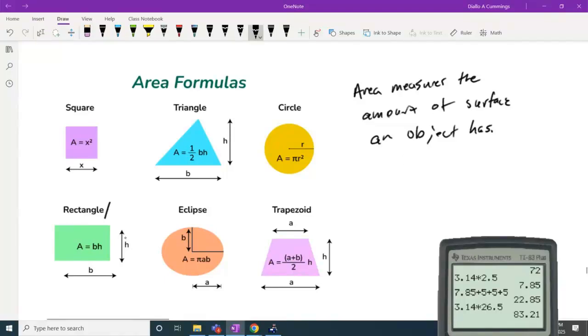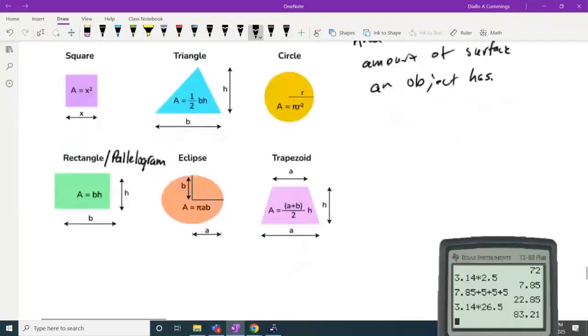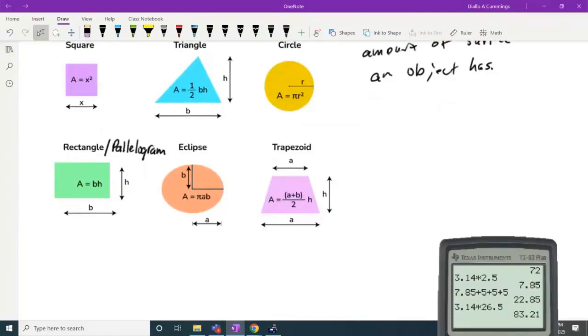This is the area for a rectangle and the parallelogram. Right. We have the area of an ellipse, which we don't quite use in this class. And then last we have the area of a trapezoid.